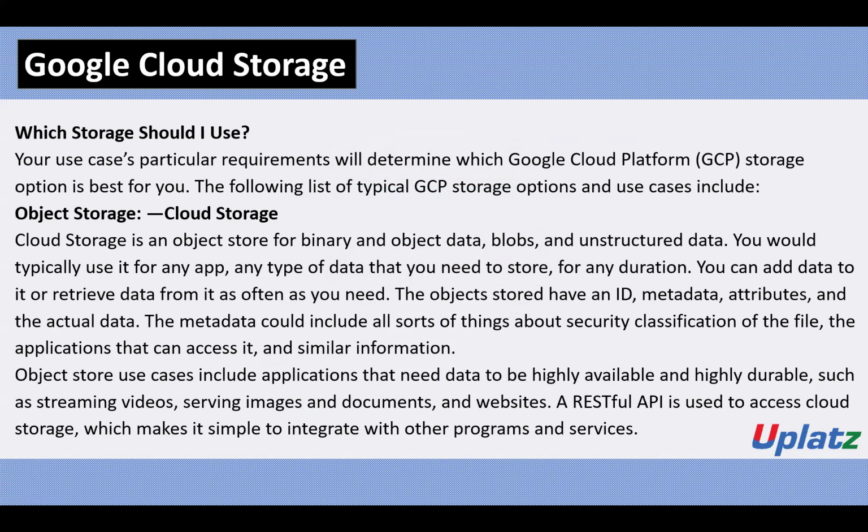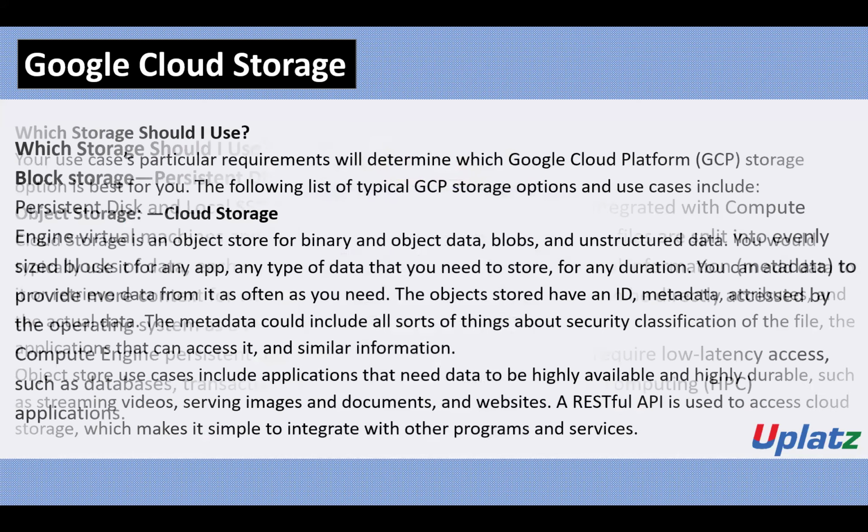You can use it for any app, any type of data you need to store for any duration. The object store use cases include applications that need to be highly available and highly reliable, such as streaming videos, serving images, documents, and websites.